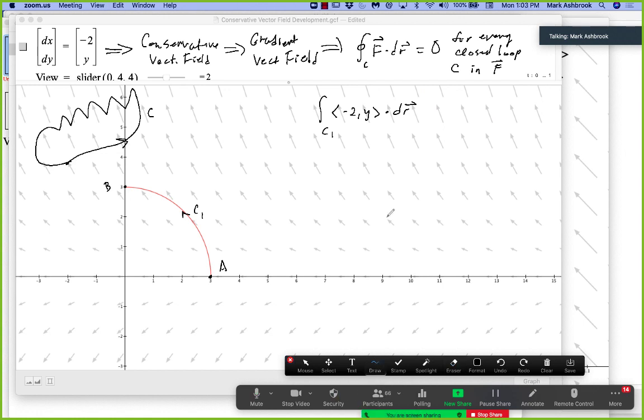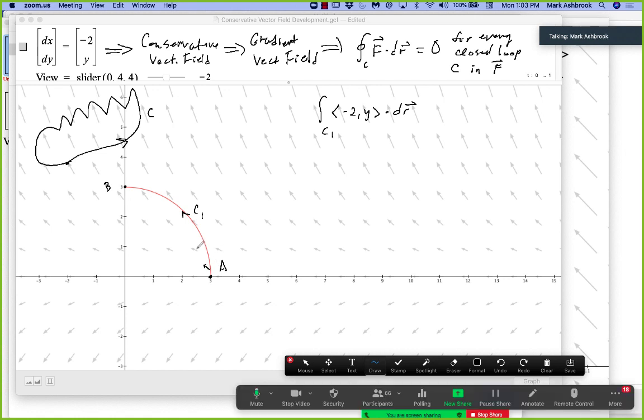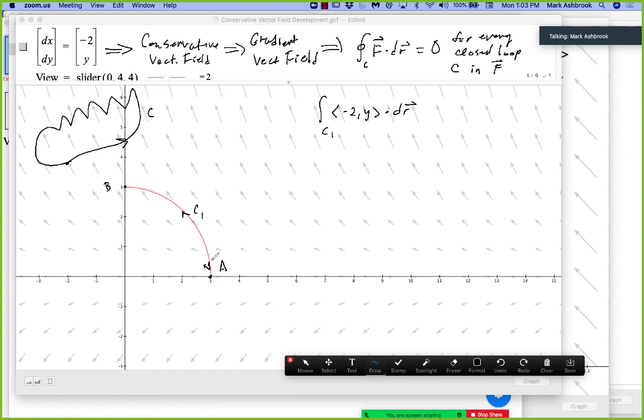All right, so let's predict this. Let's look at the vectors and predict what this line integral over C1 would be: positive, negative, or 0. Positive. Yeah, so if you take components of the vectors along the path, parallel to the path, they will point in the direction of the path, right?